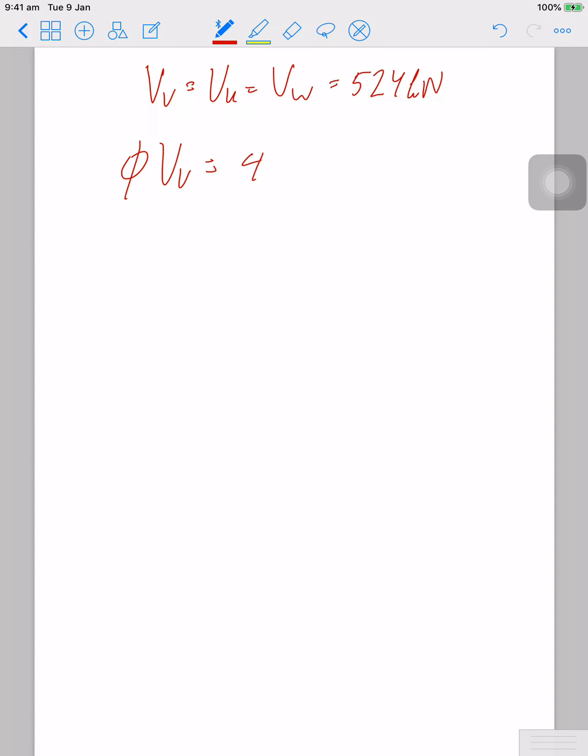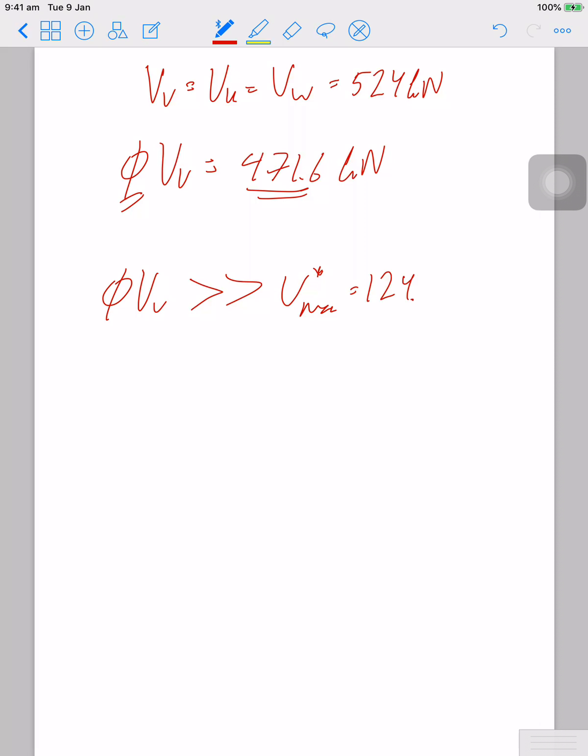They just gave you your value to be 471.6 kilonewtons. And in my solutions as well, I just wrote 471.6. I did not write what my phi value is, but try subbing in 0.9 and 0.75. It should be one of them. However, your phi V_v is actually way larger than your V star max of 124.3 kilonewtons, therefore okay.